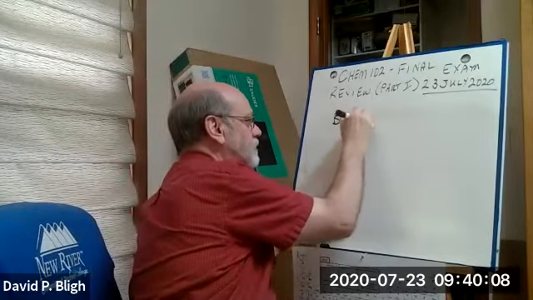Okay, so what are the possibilities? We could have zero order, first order, or second order. Those are the only ones we've studied. Zero order would look like what?